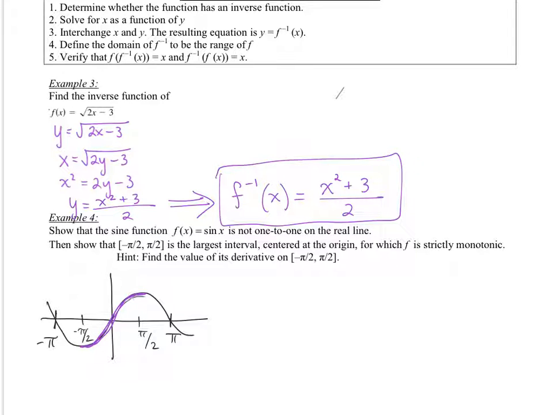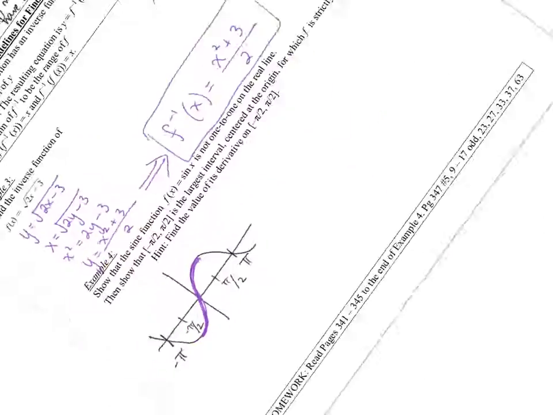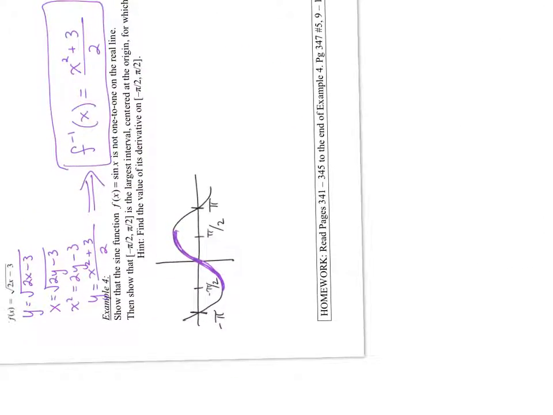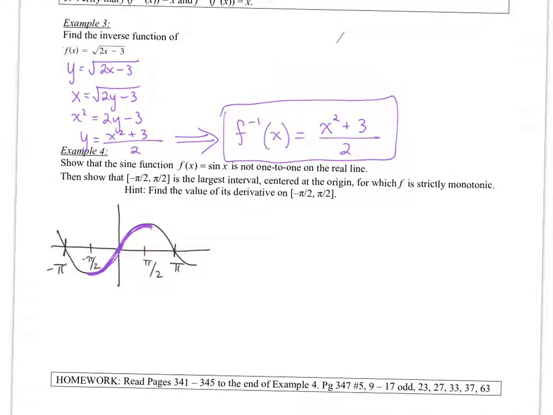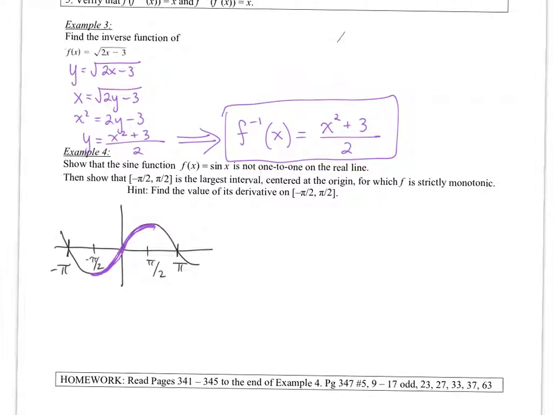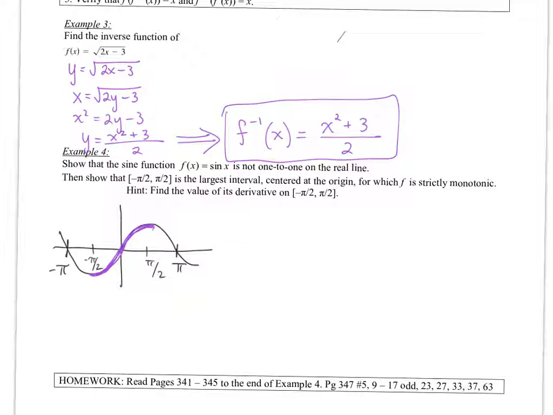And the reason why we're restricted to this domain is because, again, if you look at this graph on the side, that's as far as I can go and still pass the vertical line test on the sine function. Or if you look at the original, that's as far as I can go and still pass the horizontal line test on f of x.